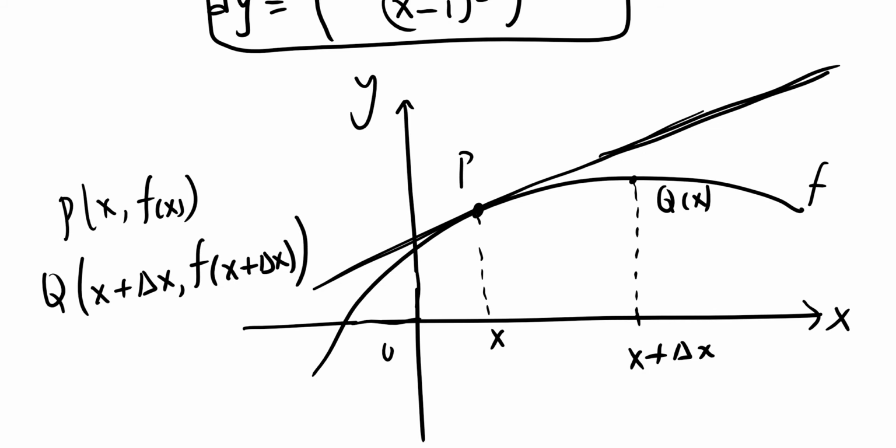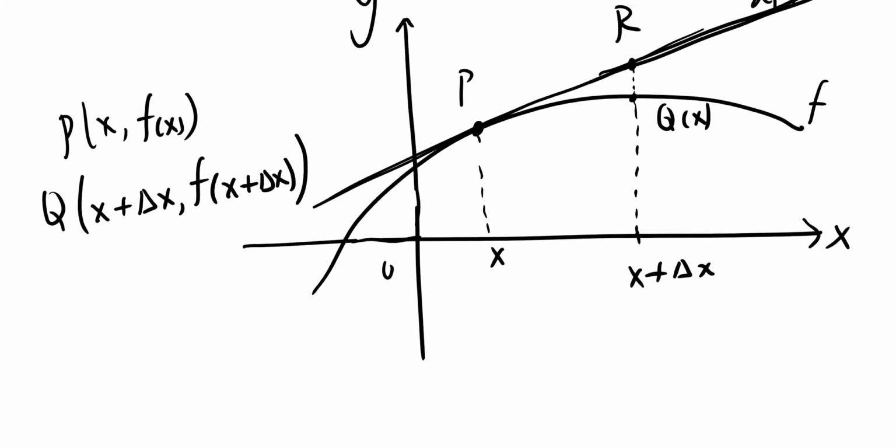And then we're going to extend this up to a point, call it R, where the vertical line touches the tangent line, or let's call it the linear approximation. That's the linear approximation. So what we have next here, this distance is delta x.